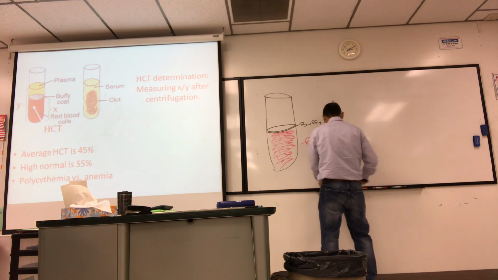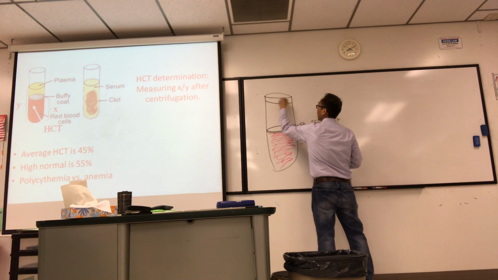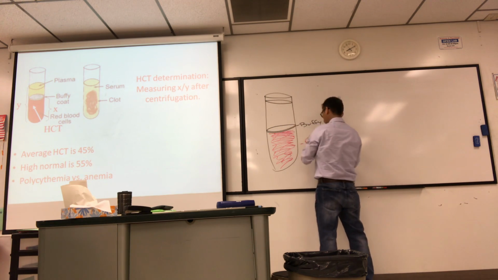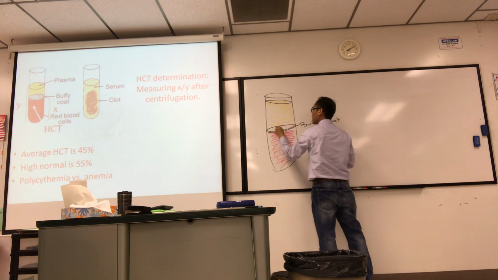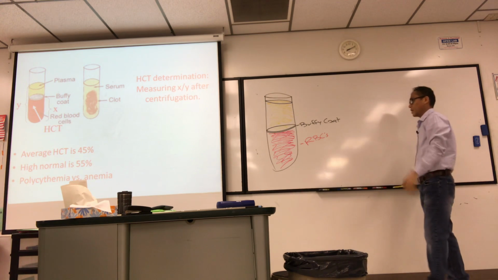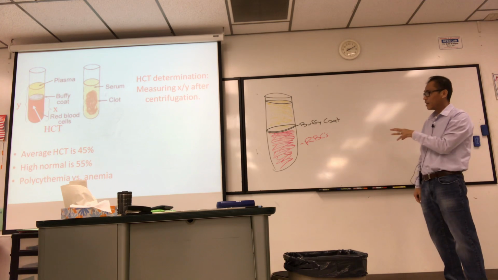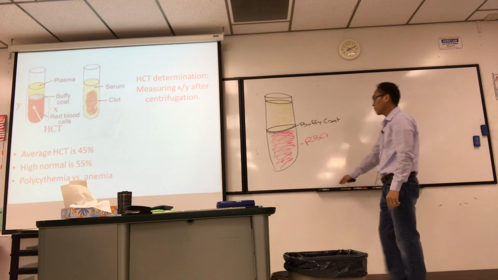I'm going to make a top mark here and color it yellow, because plasma is a yellowish color. So you get the idea. You can see the fractions. The crit, they usually include the Buffy coat.